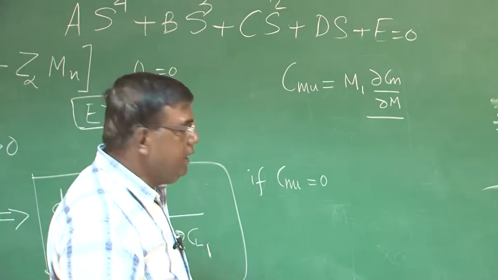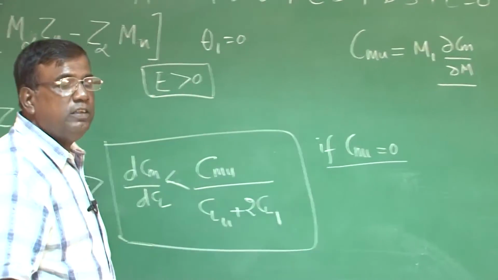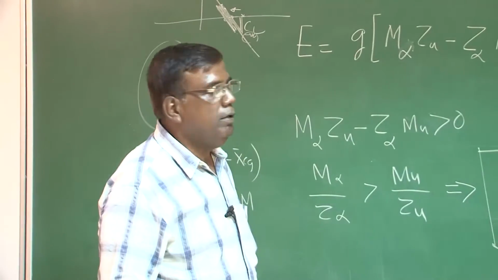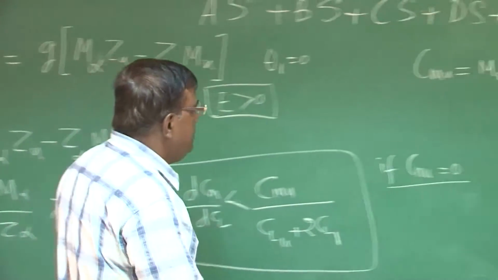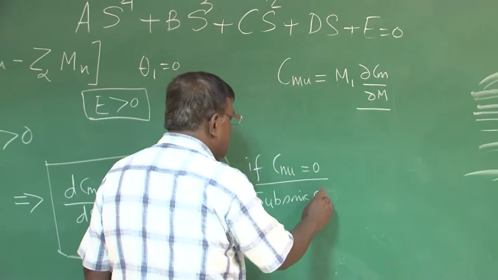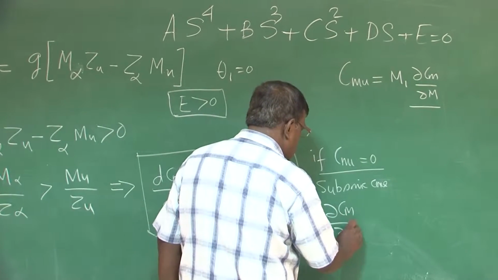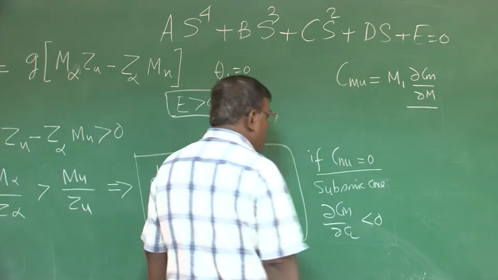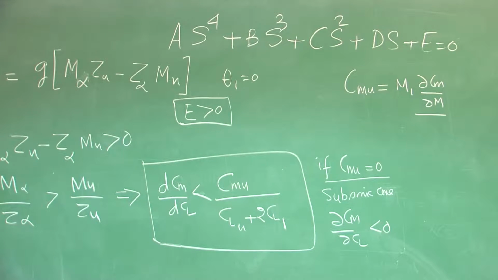But for the subsonic case, where Cmu is 0, there is no shift in the aerodynamic center of the wing or even the tail, right? So for the subsonic case, the condition still remains dCm by dCl less than 0, which will satisfy both static and dynamic stability.